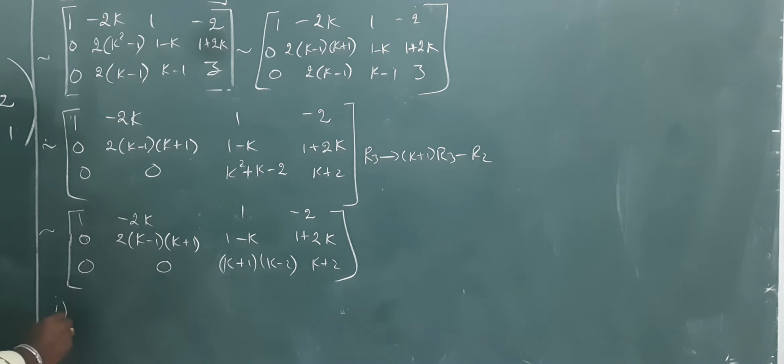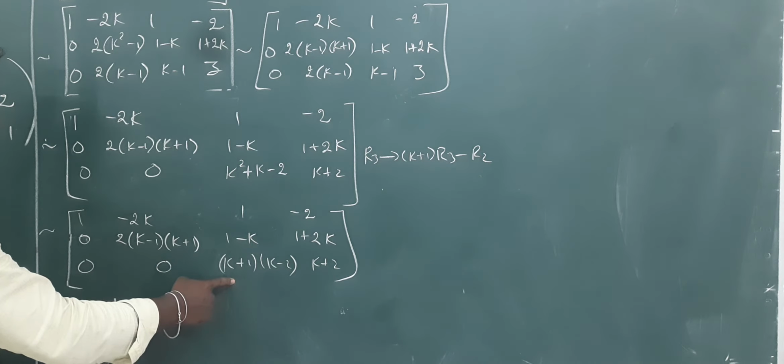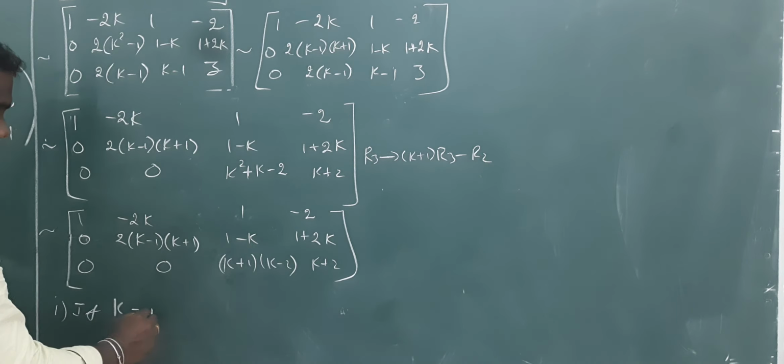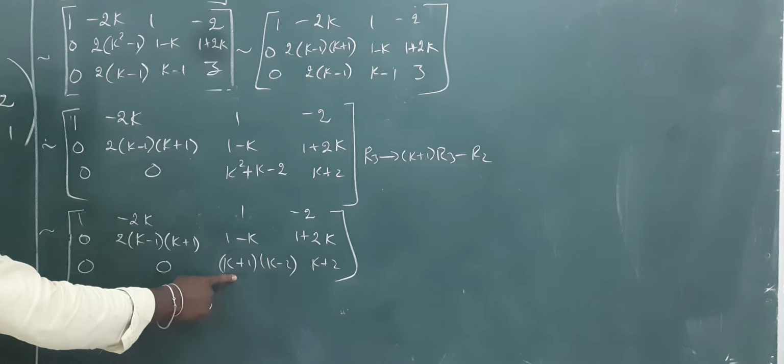Now we satisfy the three conditions: the system has no solution, unique solution, or infinitely many solutions, which we derive with the rank of the matrix and find the answer. First, you select k equal to minus 1, because k is equal to minus 1 or k is equal to 2. I select k equal to minus 1.